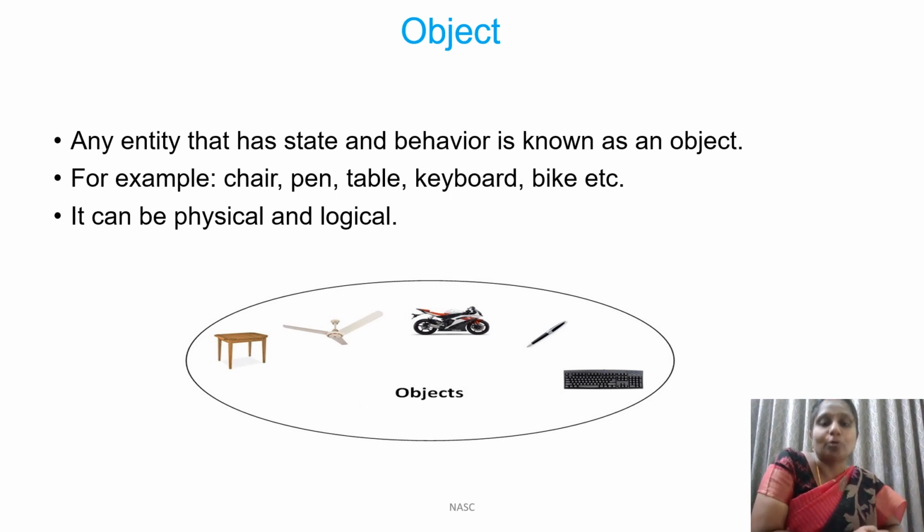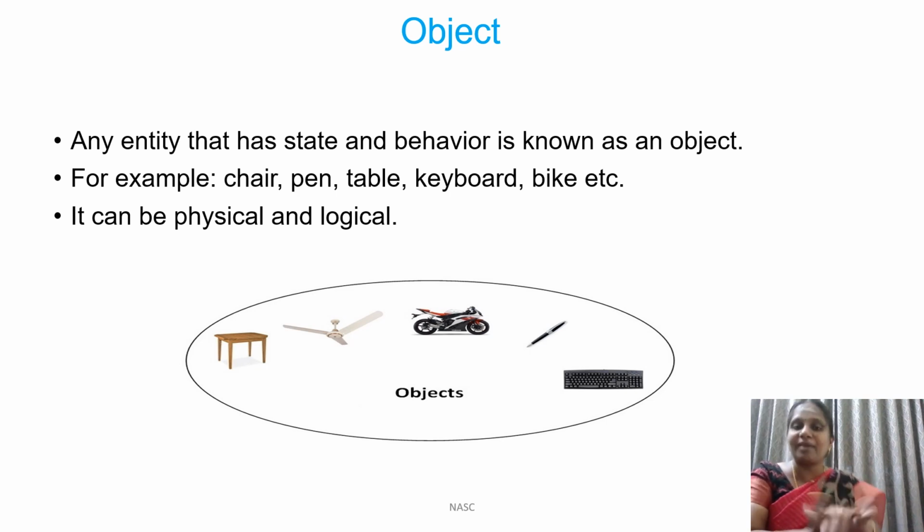Like fan is an object, pen is an object, bicycle is an object, keyboard is an object, student is an object. Of course, student has roll number, name, email ID, phone number, mark, grade, rank, address, etc. Likewise, employee is an object because every employee has properties: employee ID, employee name, address, phone number, etc. So the employee has a behavior.